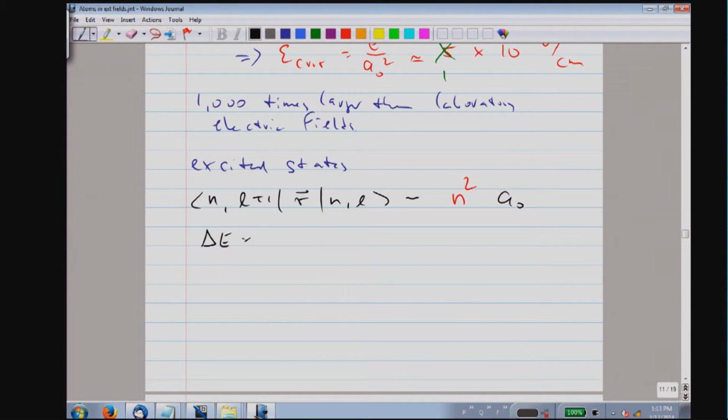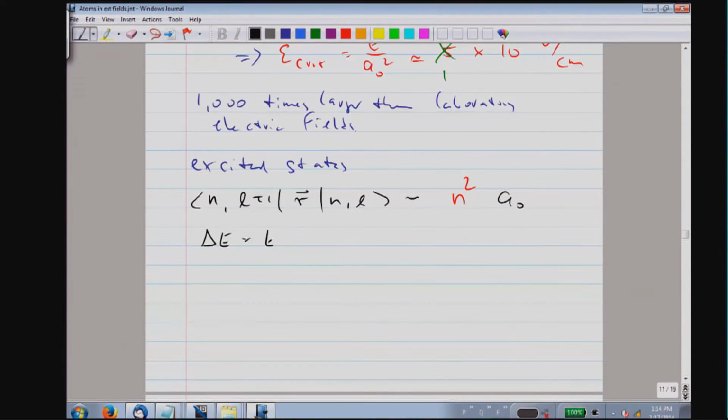Well, let's not discuss hydrogen here, because in hydrogen energy levels are degenerate and we would immediately get a breakdown of perturbation theory. Let's rather formulate it for general atoms. And we had this nice discussion about the quantum defect.